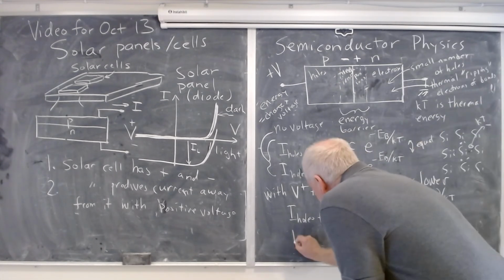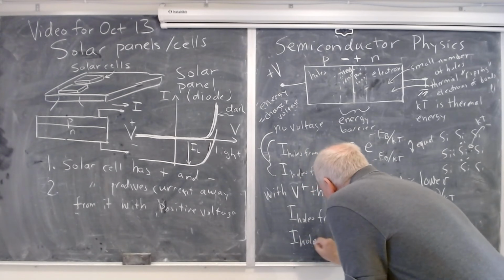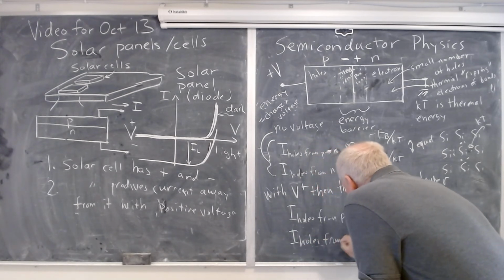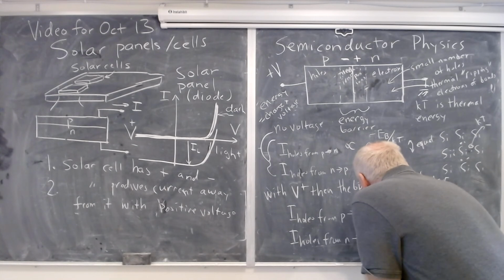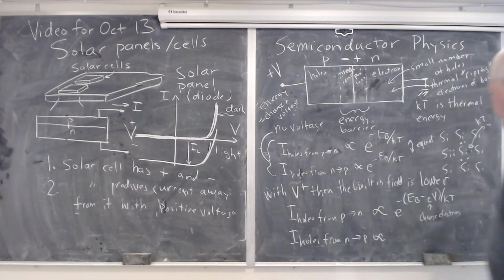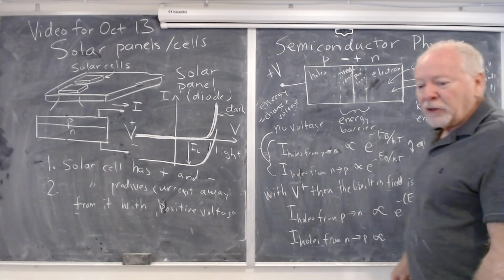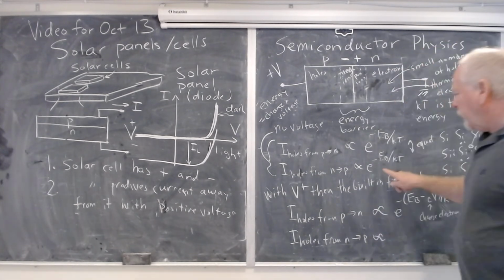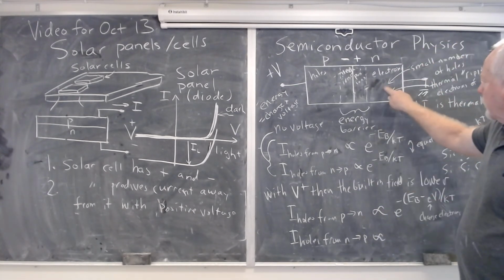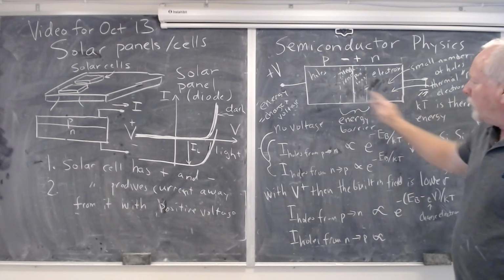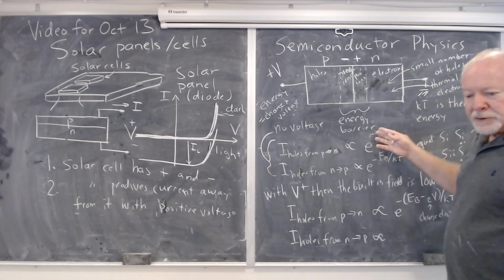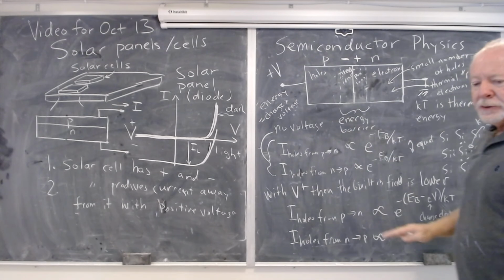Now, what about the other way? The holes from N to P, what is that proportional to? Here again, in class I would ask, has that changed at all by applying a positive voltage?